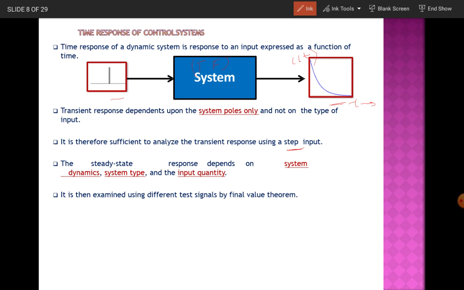Suppose we want to study the steady state response of any system, we need to have the input, different types of input, and what type of system it is. Then the system dynamics, we should know all these things. It is then examined using different test signals by using the final value theorem. In all the cases, we will be using the Laplace transform.